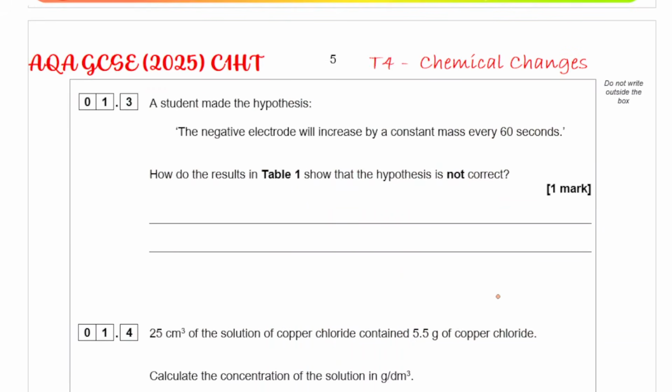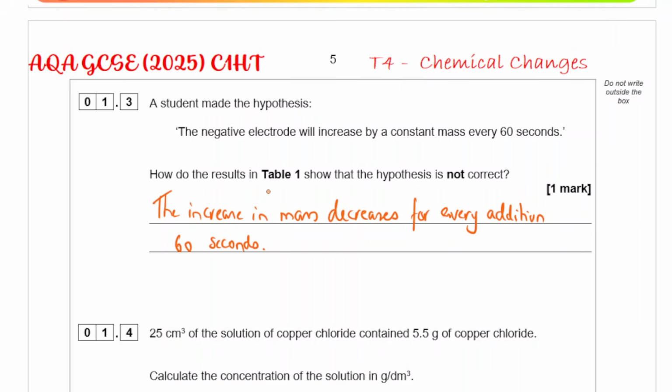So the increase in mass decreases for every additional 60 seconds.